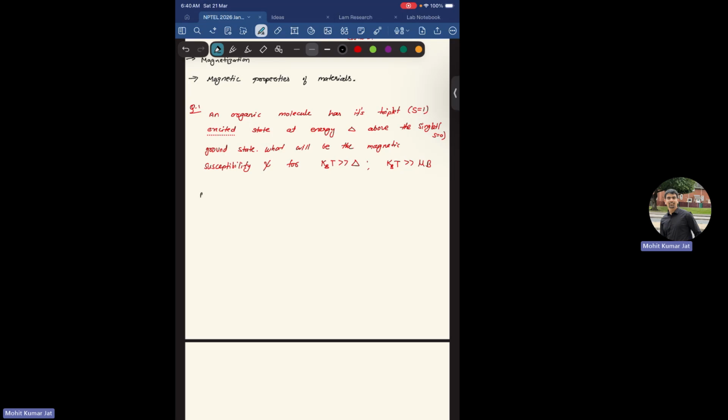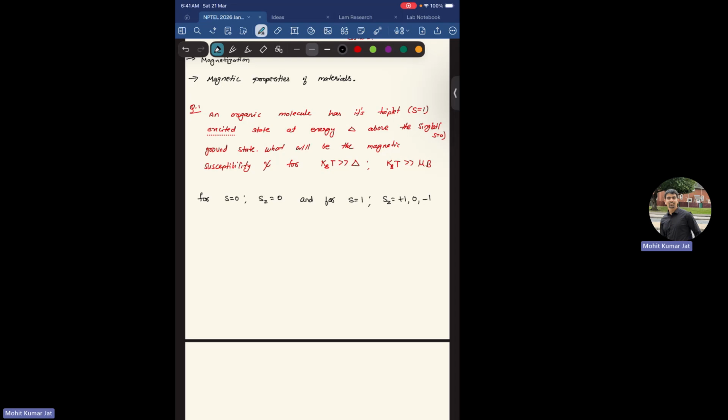So for S equals 0, Sz is 0, and for S equals 1, Sz will be plus 1, 0, and minus 1. And then we'll have to write the partition function for these energies, for these spin parts.